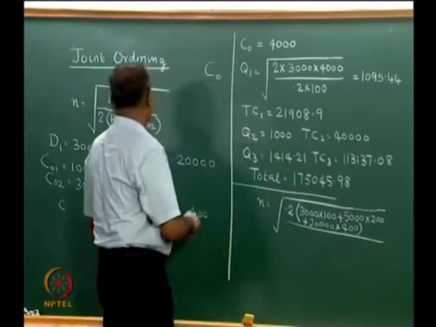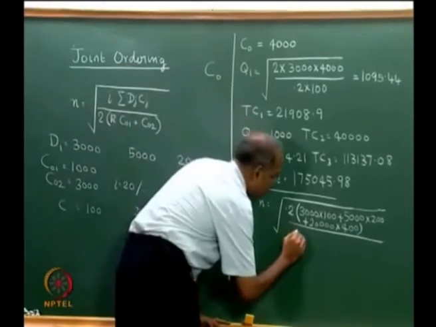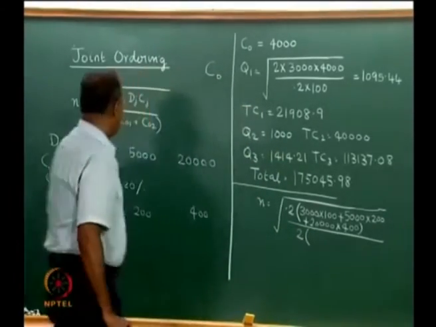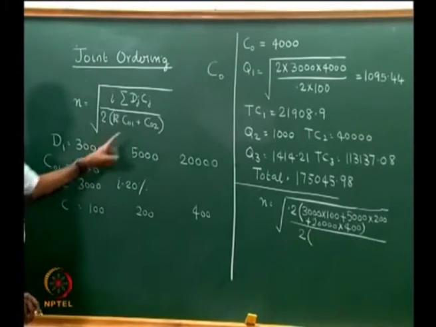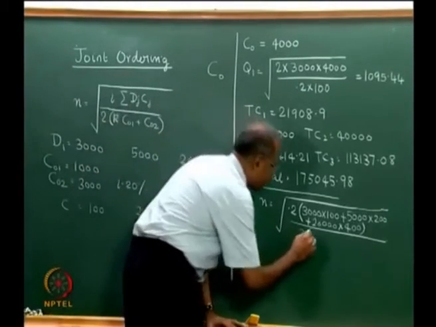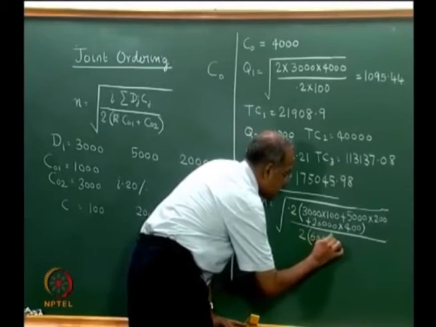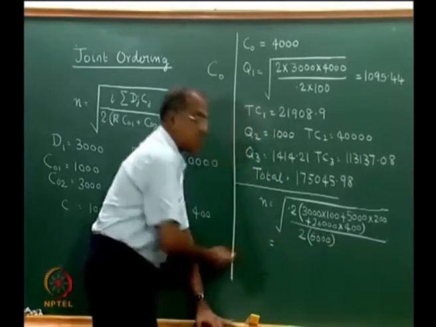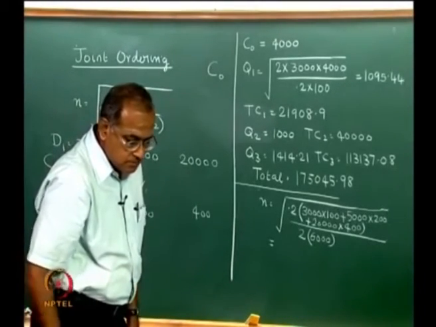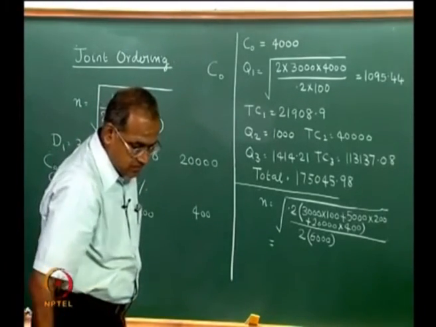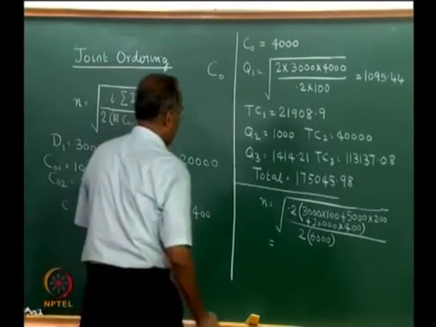divided by 2 times 3 into C01, which is 3 into 1000, 3000, plus another 3000. So, 6000. This on computation would give us n equal to 12.45.